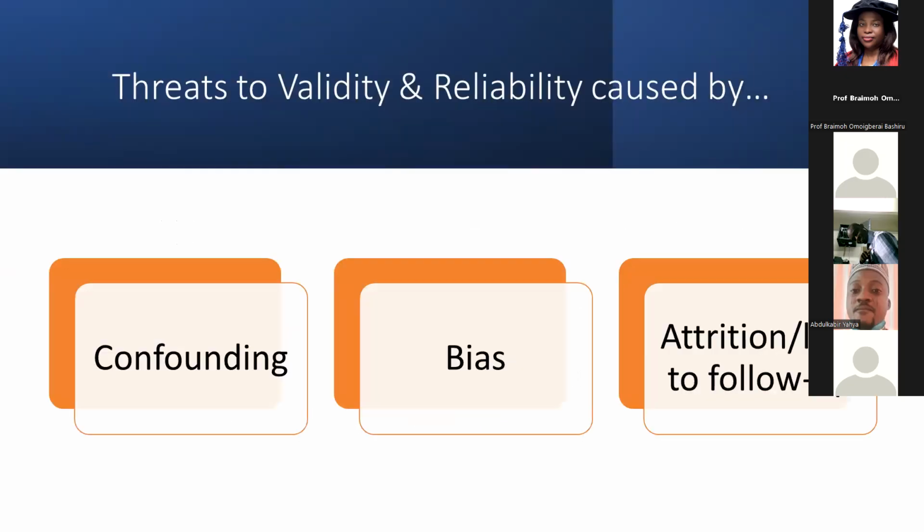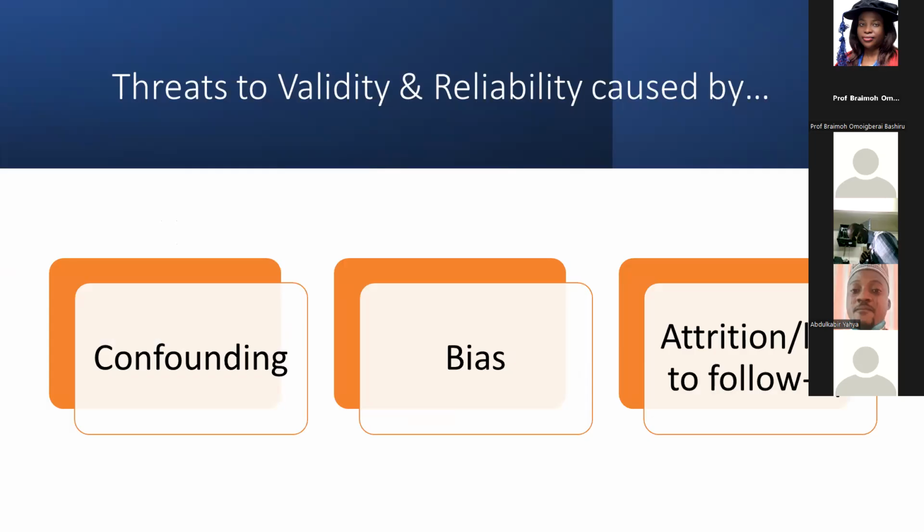Okay, so I was talking about confounding, and explaining that when you talk about a confounding variable, you are referring to a variable that is related to the dependent variable or the outcome variable, the outcome of interest in your study.